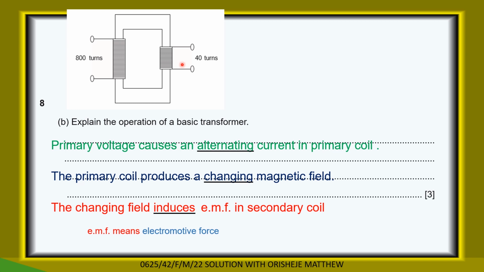The primary voltage produces a varying magnetic field. The varying field induces EMF, electromotive force, in the secondary coil. So the full meaning of EMF is electromotive force. These are the three-step fundamental principles that govern the operation of a step-down transformer.